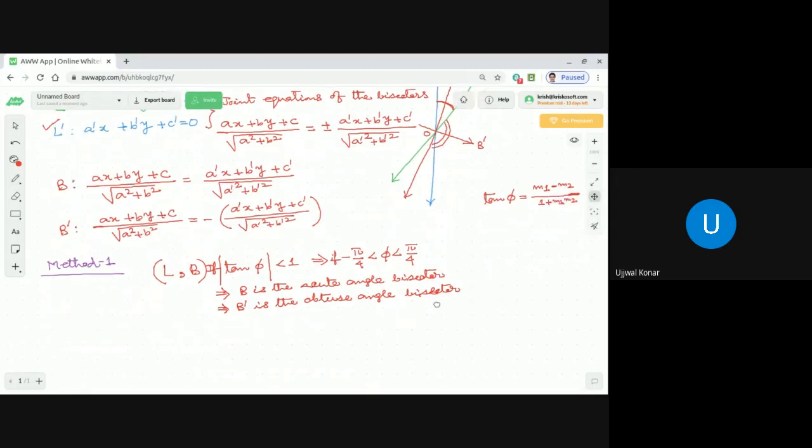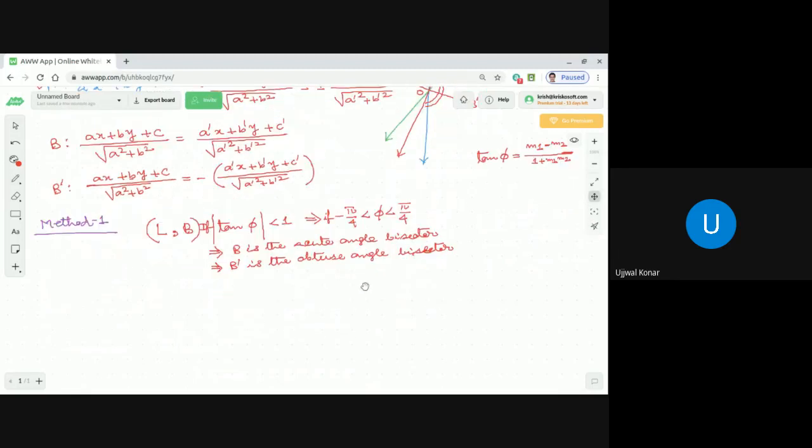Now, if the mod of tan phi is not less than 1, that implies what? Then we can conclude that the angle between L and B is more than pi by 4.